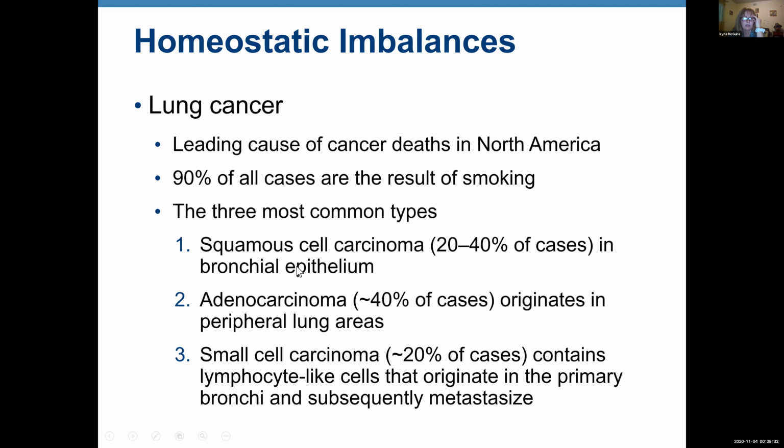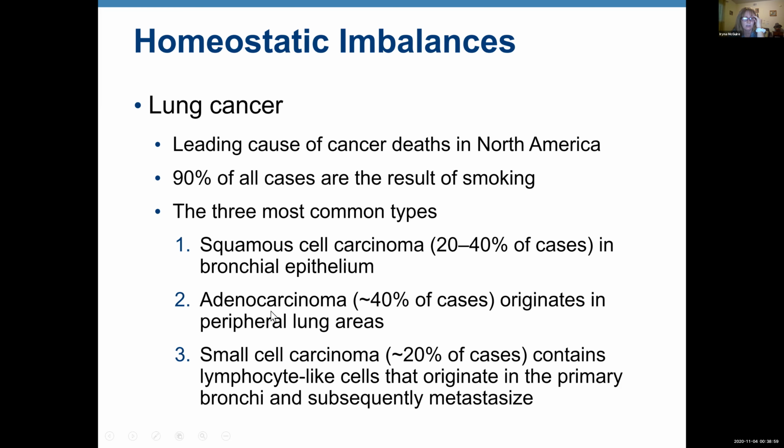In this one, the bronchial epithelium becomes cancerous. Adenocarcinoma is the most common, 40% of all cases. Adeno means gland, so it originates in the peripheral lung area, but it's a cancer of the secreting or glandular cells, like the ones that secrete mucus.